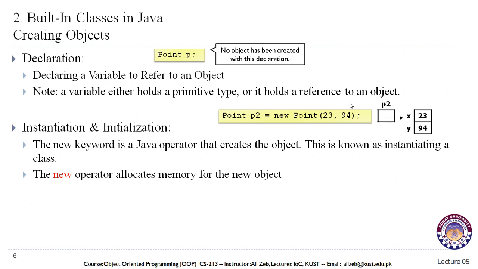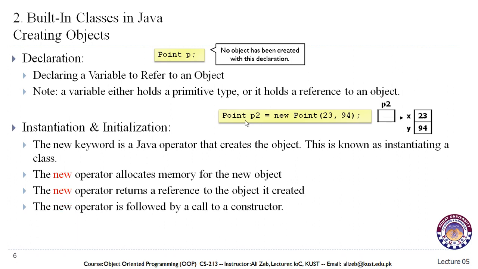Once we create an object for the class using the new operator, some memory is allocated to that object, for all the variables, and the values for those variables will be stored in memory. The new operator returns a reference to the object it created, as we can see over here. The new operator is followed by a call to a constructor.